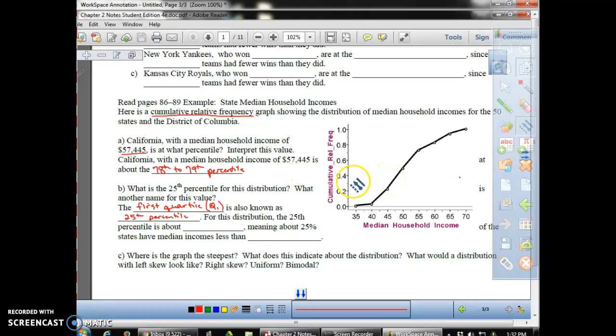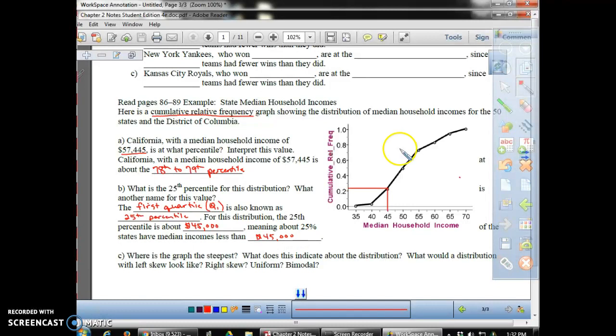So 25% is going to be roughly halfway between 0.2 and 0.3. So roughly here. So go over and then down. And it looks like it's roughly 45,000. So 45,000. Meaning about 25% of states have median incomes less than 45,000.